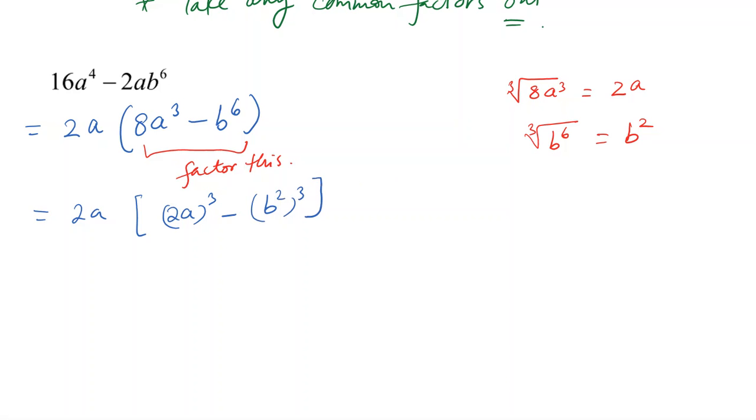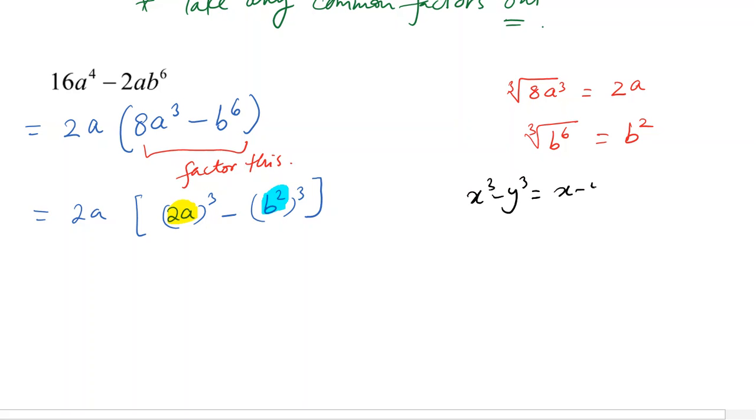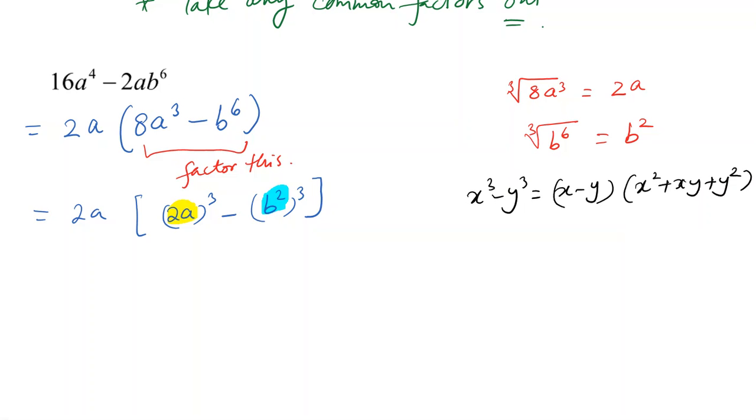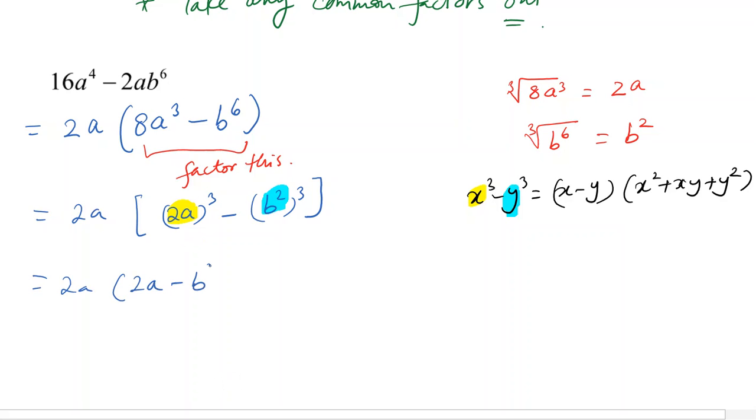And what was the formula for the difference of two perfect cubes? The formula was x cube minus y cube. So first we start with negative, so x minus y, and then we have x squared plus xy plus y squared. So remember, in place of x you have 2a, in place of y you have b squared. So when we apply the formula, we get 2a minus b squared.